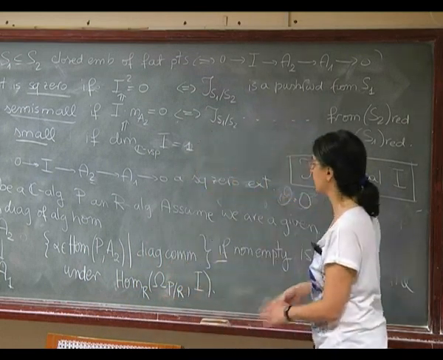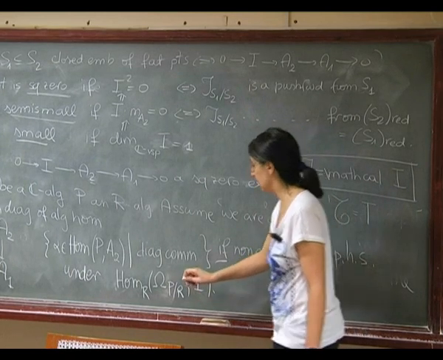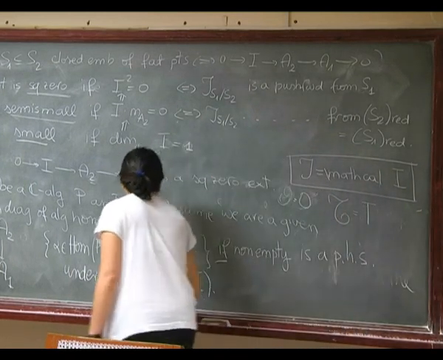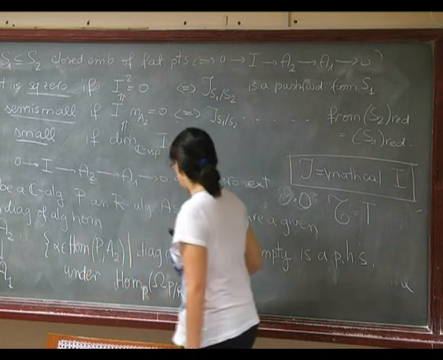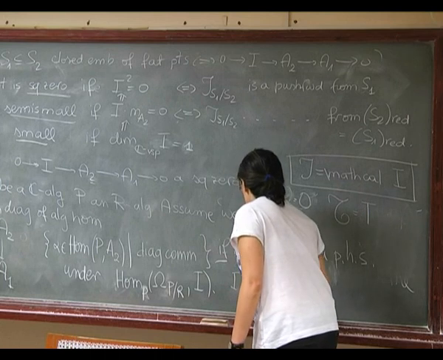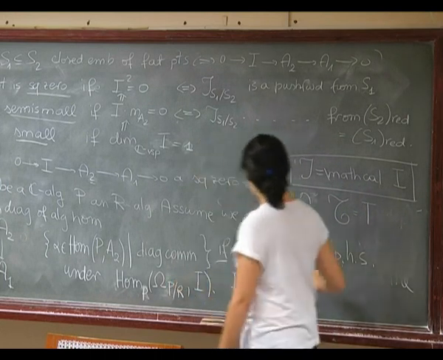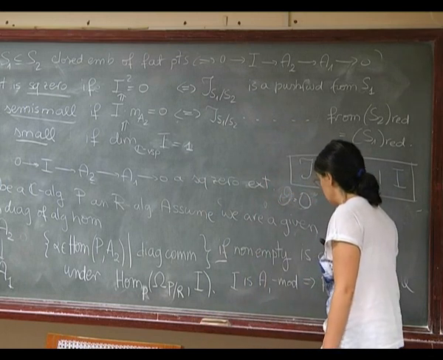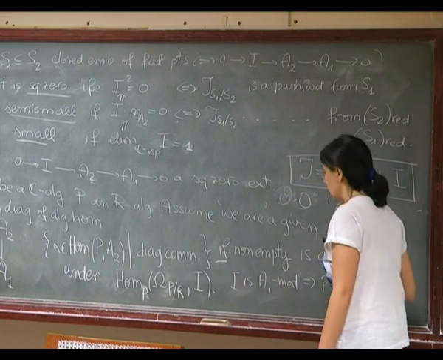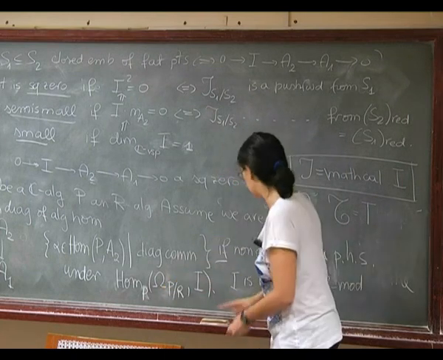So notice that I is an A1 module. Sorry, this is not Hom_R, this is Hom_P. I is an A1 module by assumption, so this means that it is a P module. And this, of course, is a P module by definition, so this makes sense.